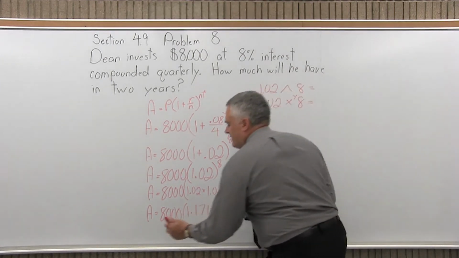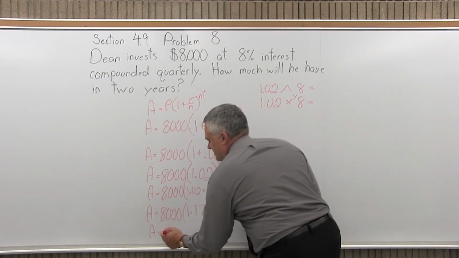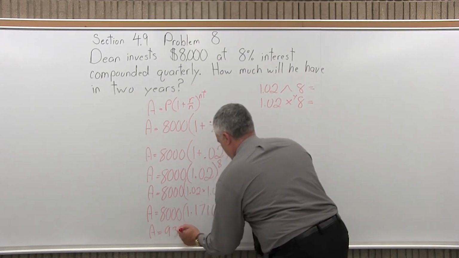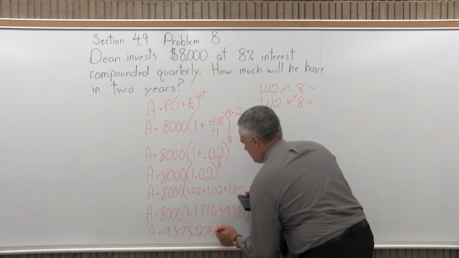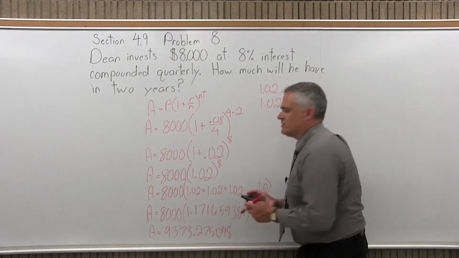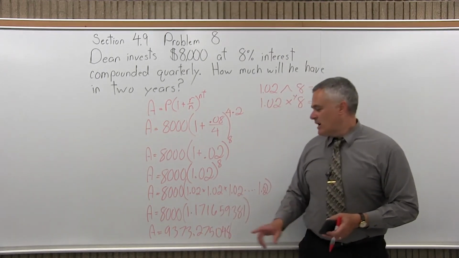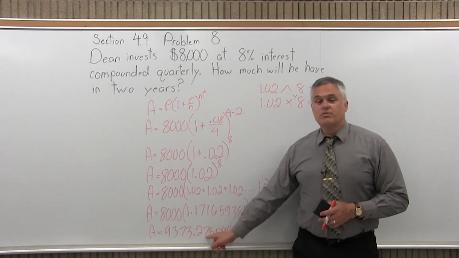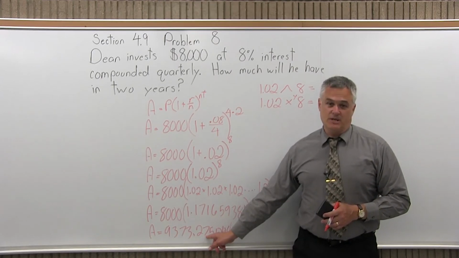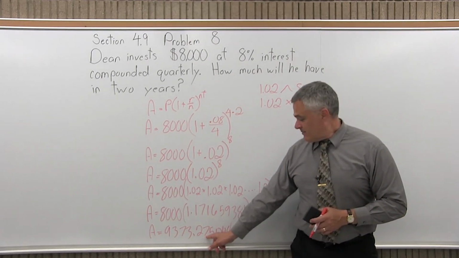Equals. And the calculator says 9373.275048. That's what's on the screen. Now is when we can round it. This answer is money, so more than 2 places after the decimal really doesn't make much sense.